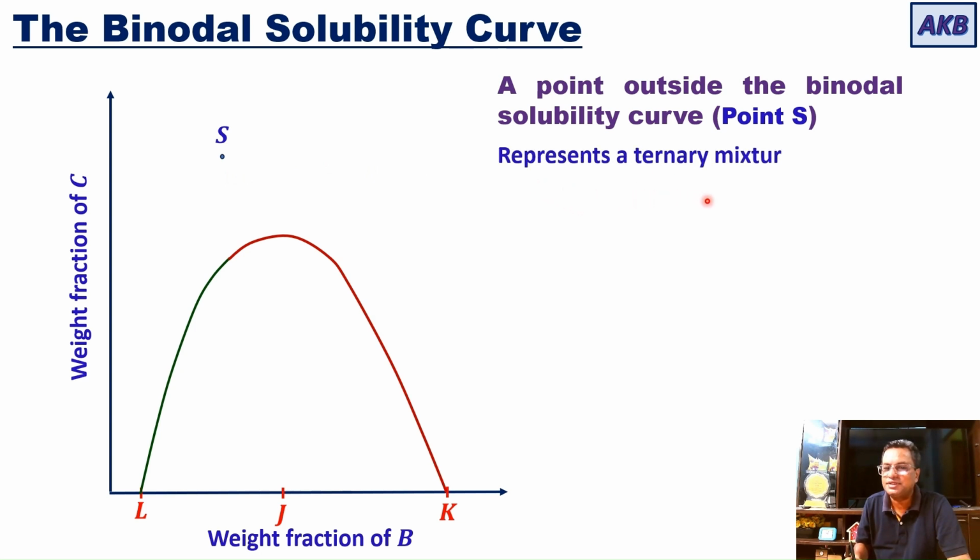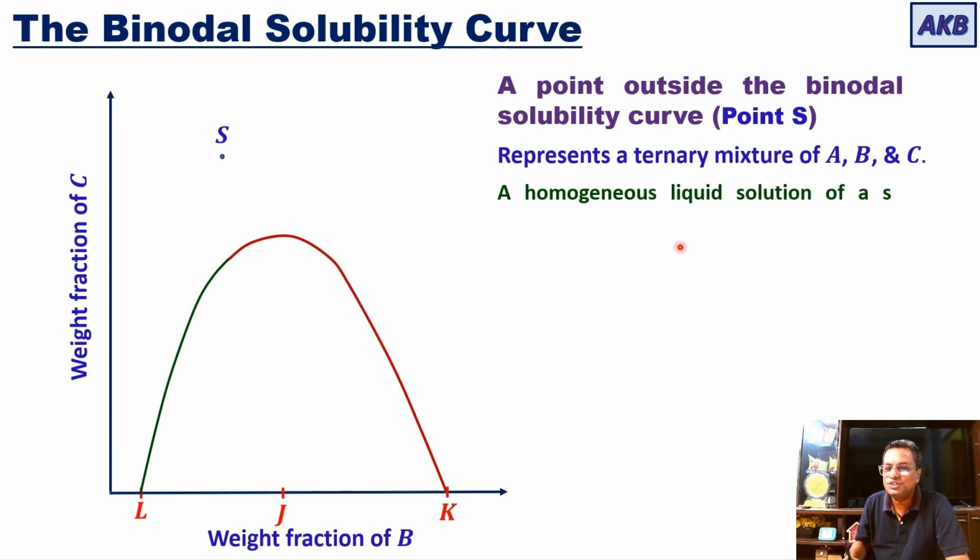It represents a ternary mixture of A, B and C, a mixture containing all the three components, but it will be a homogeneous liquid solution of a single liquid phase. There will be only one liquid phase at all points which lie outside the binodal solubility curve, like point S in this case.